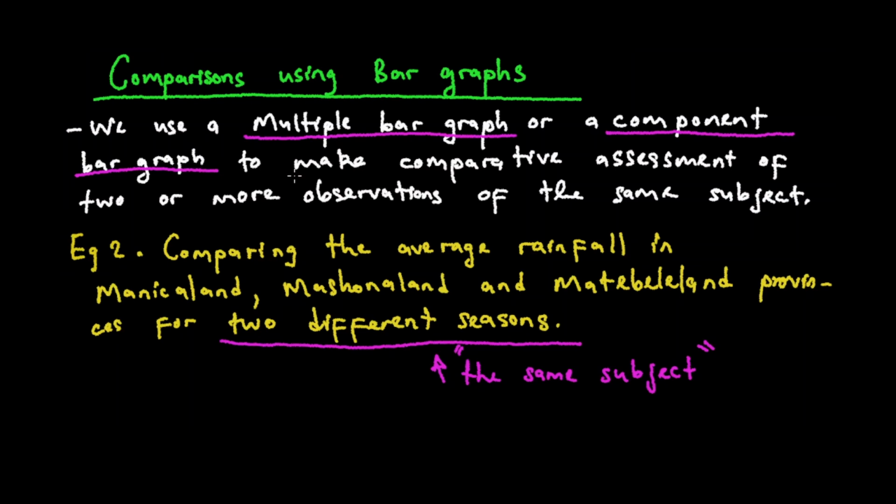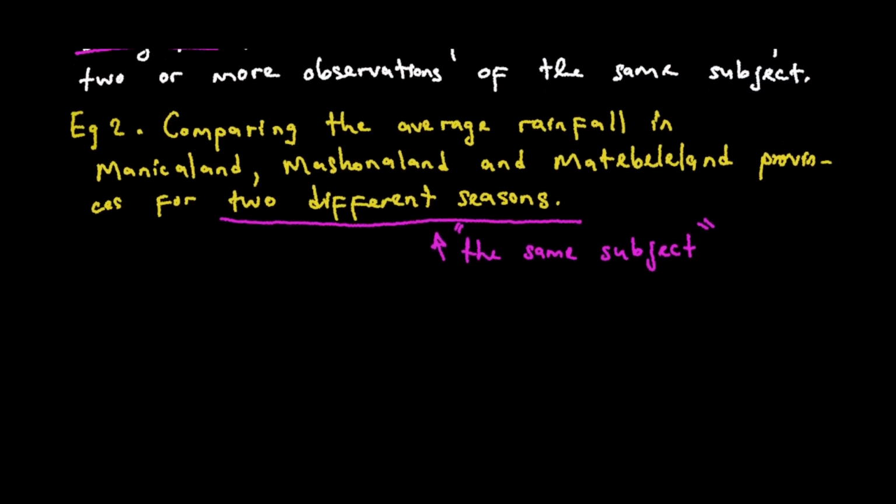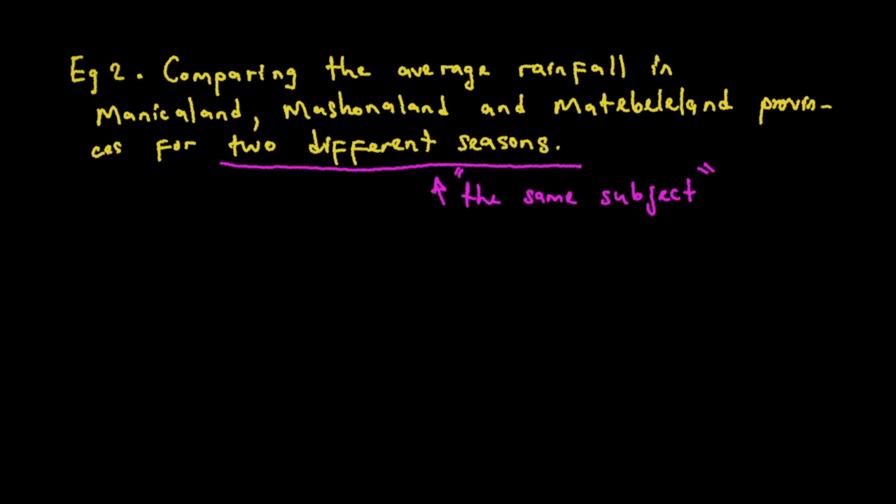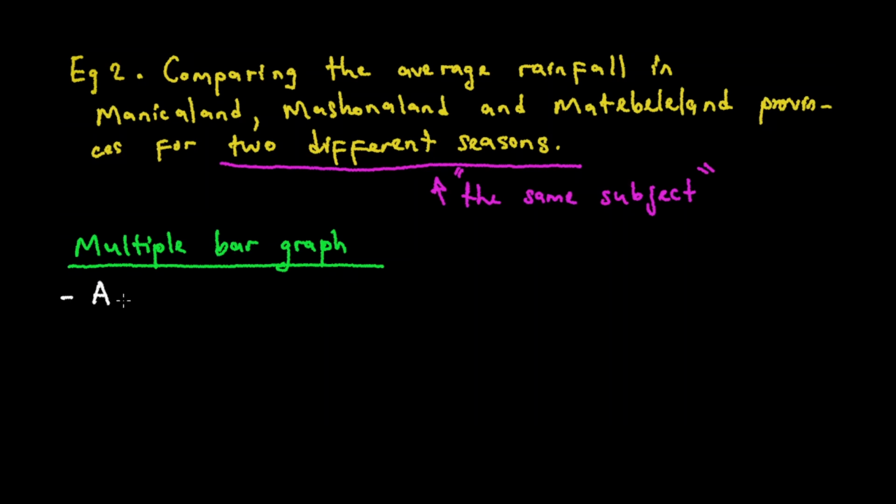A multiple bar graph juxtaposes, or puts side by side, observations of the same category. Let us come here and look at the multiple bar graph. What does a multiple bar graph do? A multiple bar graph juxtaposes.